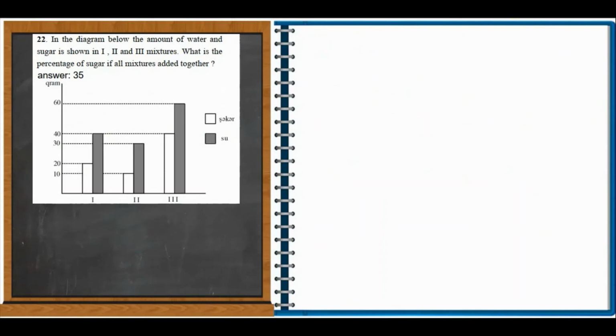Number 22. In the diagram below, the amount of water and sugar is shown in the first, second, and third mixtures. Now we should pick information from the diagram. So the first mixture contains sugar and water.